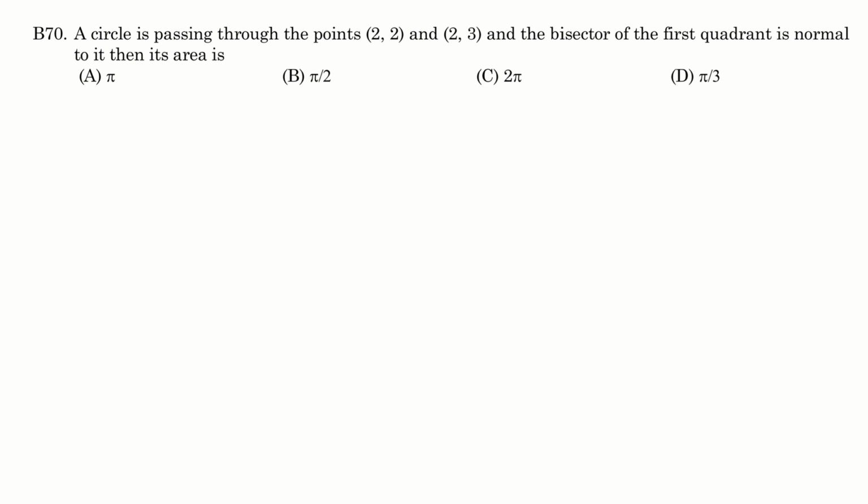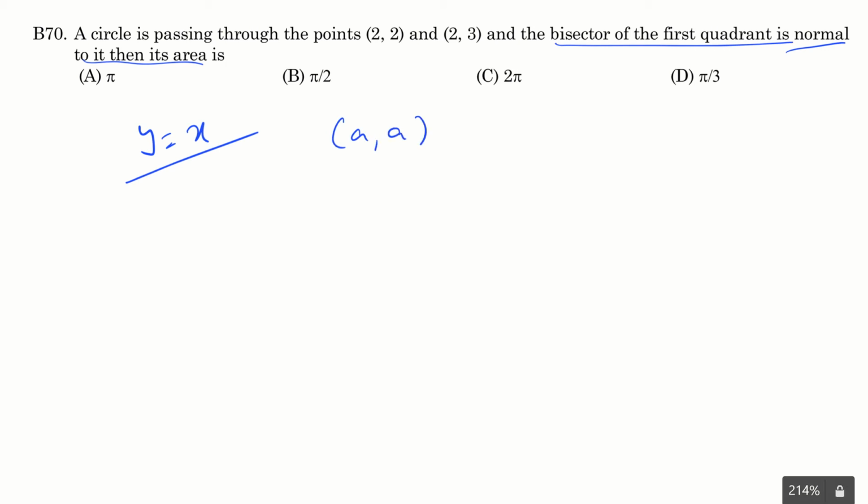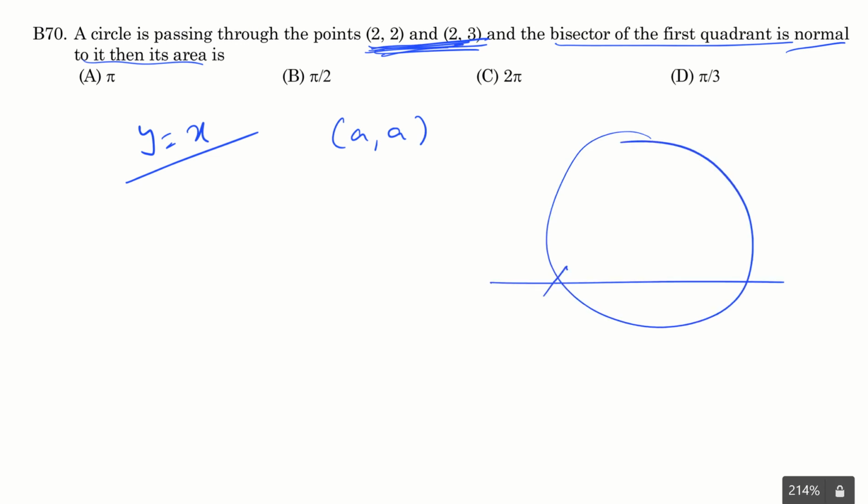We know that the bisector of the first quadrant means y is equal to x. It is normal to the circle means it passes through the center. Therefore, the center of the circle is like a comma a. And it is passing through these 2 points. Therefore, the perpendicular bisector of these two, as it is a chord, you see we have 2 comma 2, 2 comma 3.